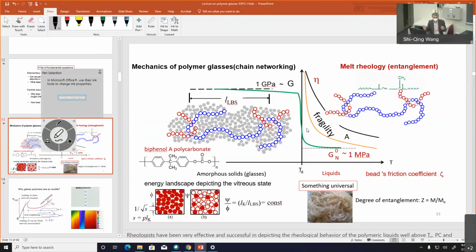Use the word, they are all vitrified. And on top of that vitrification, we recognize there's still an underlying chain network, which of course is part of the whole ocean, the sea of monomers.